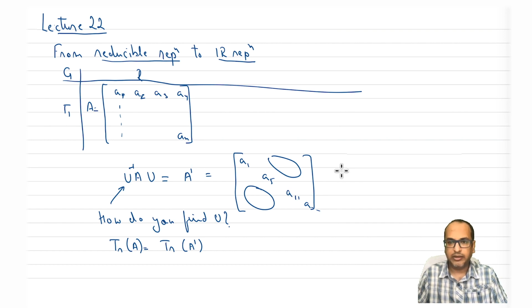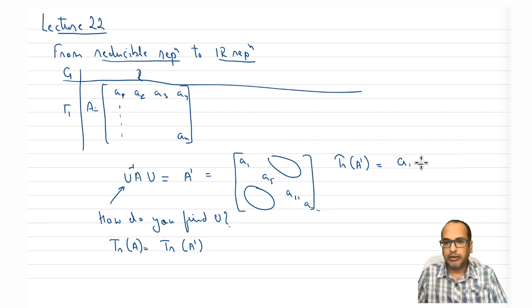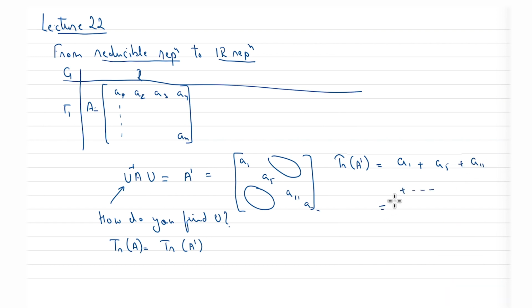So the trace of A prime is the sum of the individual blocks, A1 plus A5 plus A11, which are nothing but the trace of the A1 matrix, which can be 1 cross 1 or 2 cross 2 and so on, but it is an irreducible representation, or the trace of A5 and so on.